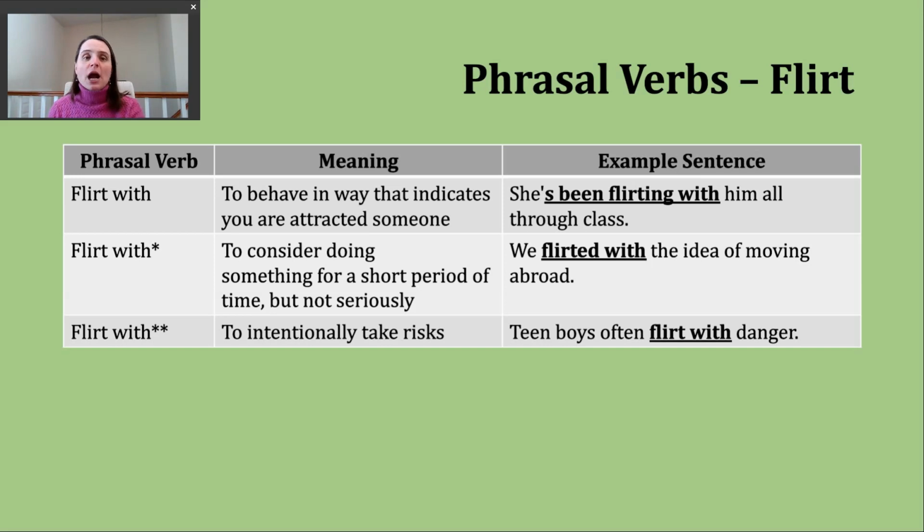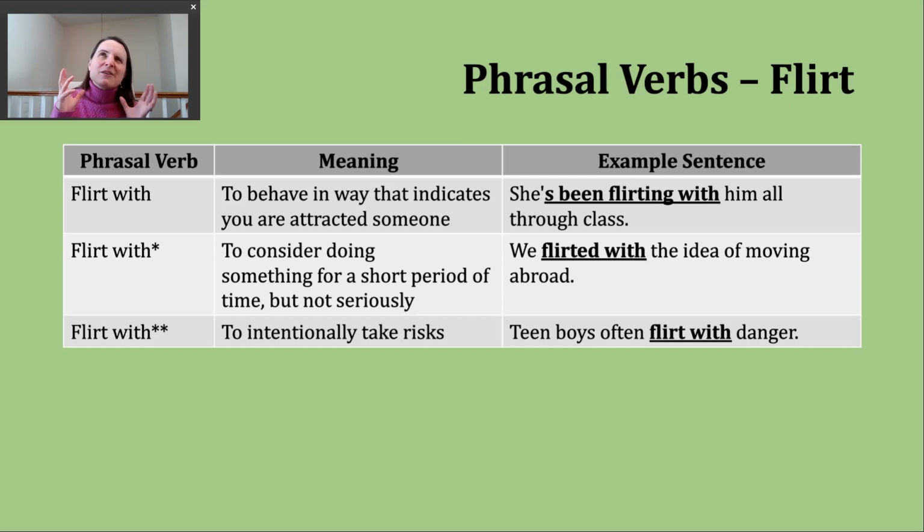So here we're describing someone behaving, so one's actions, possibly even their words, kind of indicating they're interested in this other person. A second way you hear flirt with used is to mean to consider doing something for a very short time. But generally, we don't consider this to be a really serious interest.